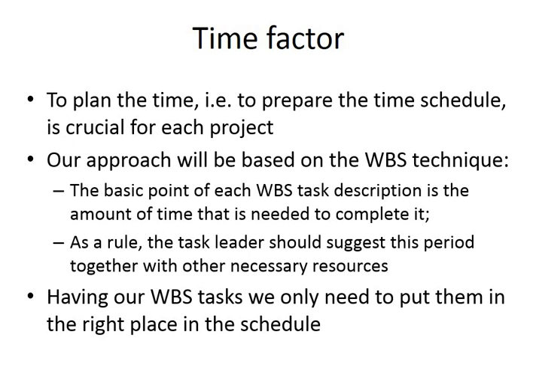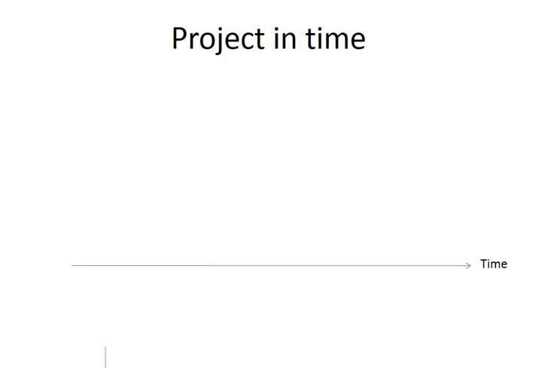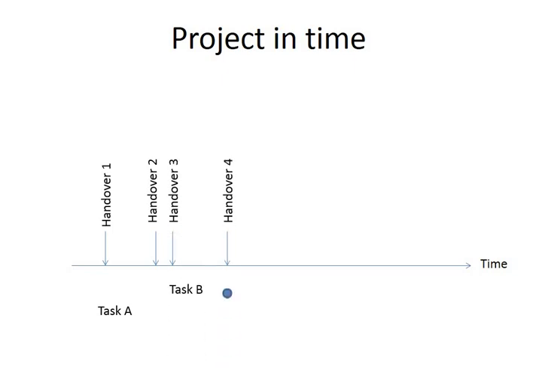To prepare a schedule is just to put the task in an appropriate place on your timeline. Basically, this may be understood as the very basic schedule of each project.